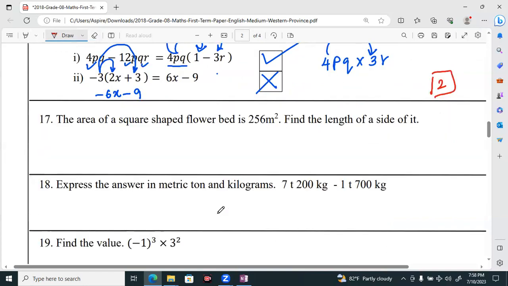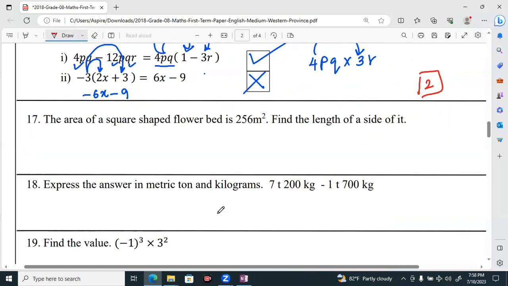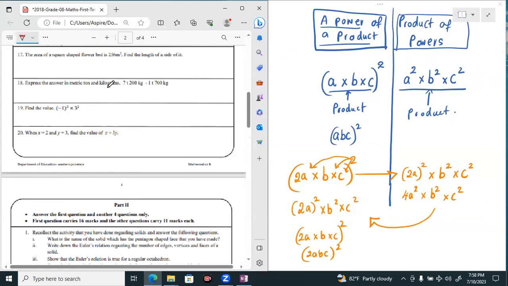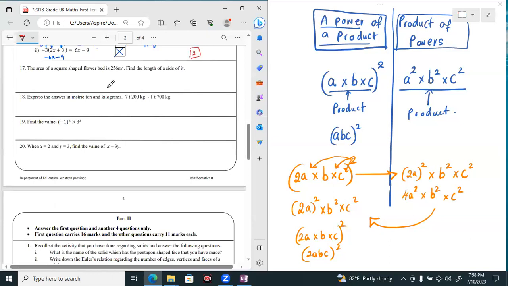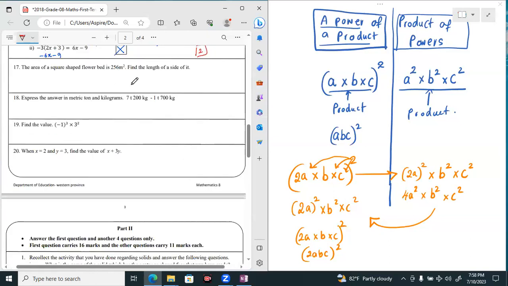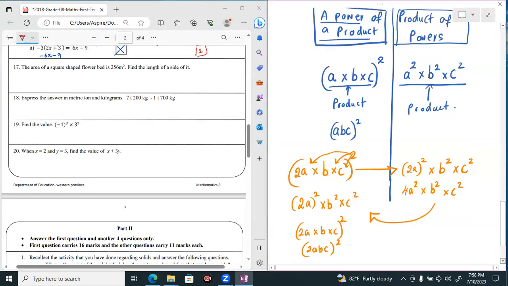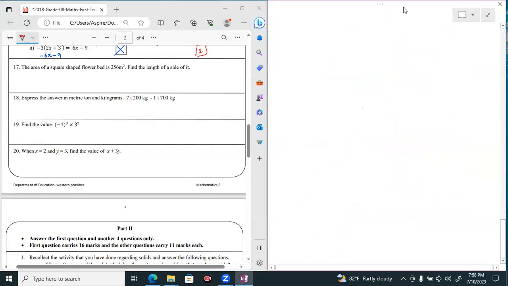Then it is 2. The area of a square-shaped flower bed is 256 square meters. Find the length of a side of it. Remember that if you are given the area of a square එකක, ඒ කියන්නේ මොකක් හරි විදිහකට දැන් මේක නම් square shape flower bed කියලා තියෙනවා.